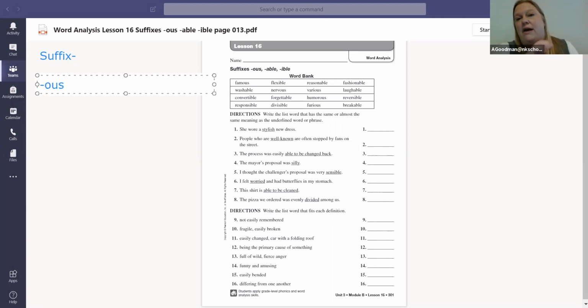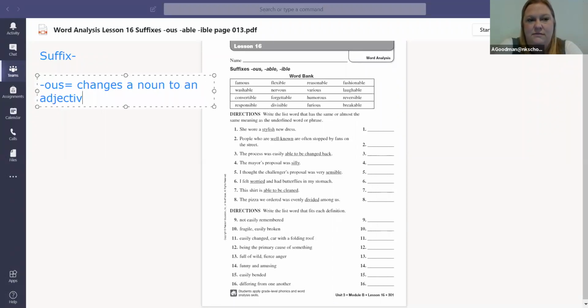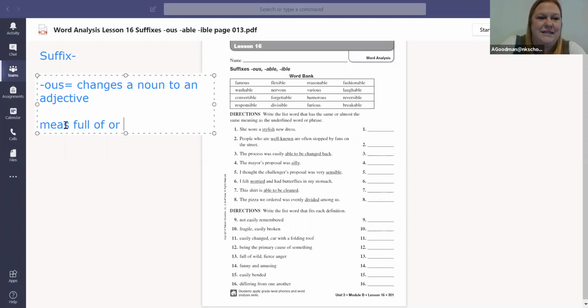But when letters are in front of it and then you add OUS to the end, it usually means it changes a noun to an adjective, and it usually means full of, or possessing.